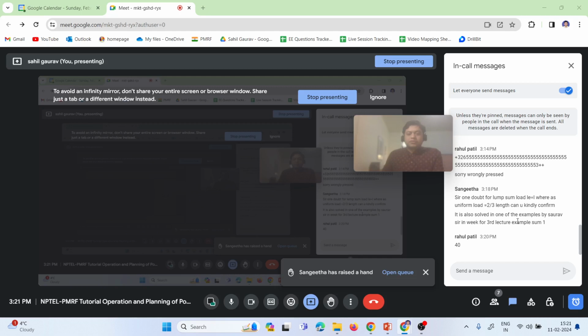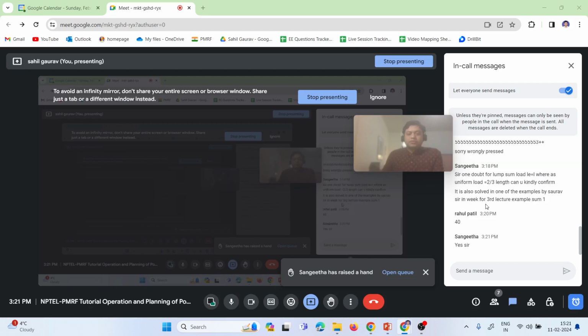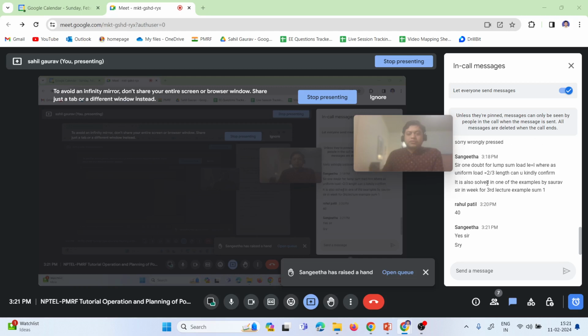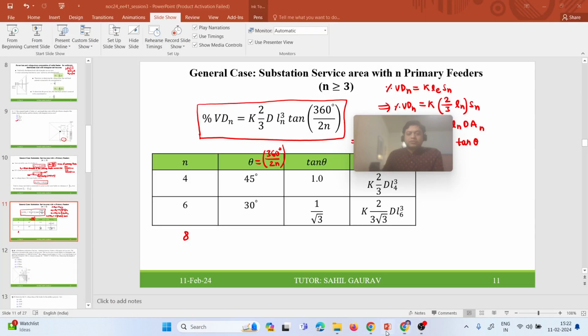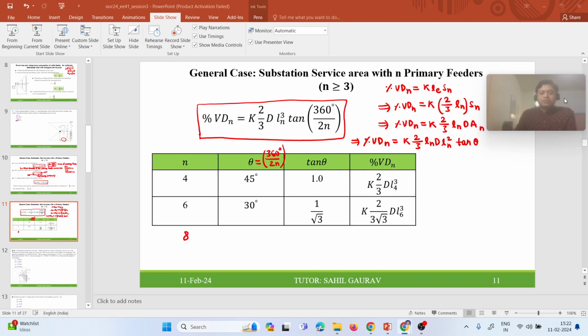You mean to say Sanjeev Ganguly, sir? Professor's name is Sanjeev Ganguly. I think you mistakenly wrote Saurabh. Okay. For lump sum load L is equal to L, whereas in uniform load 2 by third length. Yeah, 2 by third, I think you just got mistaken by this. Someone's mic is turned on. Could you please turn it off?